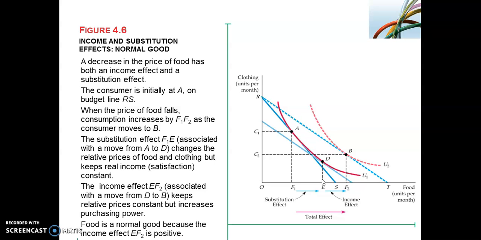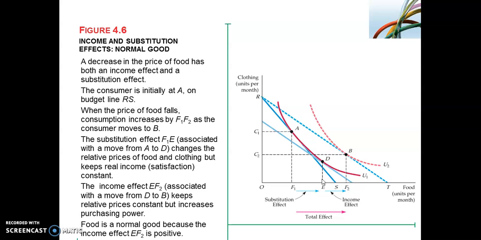So, how did we get to this point? If you were given a scenario and needed to construct a diagram like this, could you break down these effects? So, to get to point D, what we need to do is draw an imaginary budget line which is parallel to RT. Remember, RT is the new budget line.